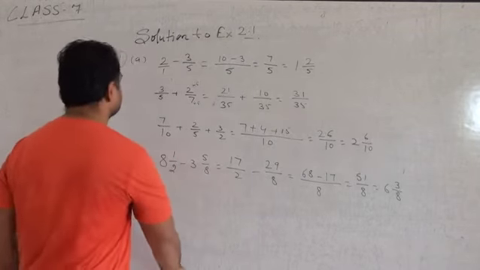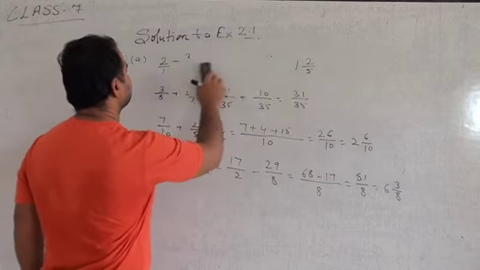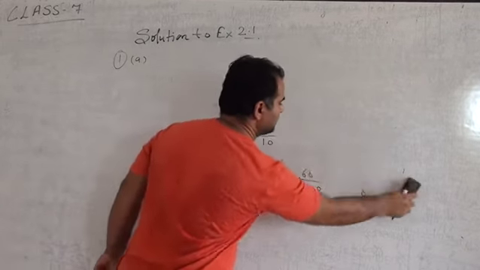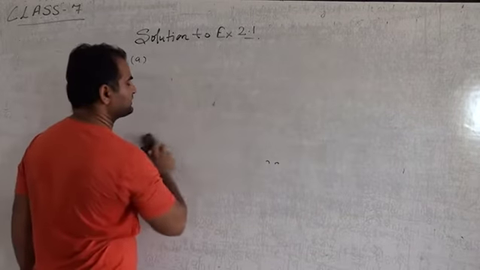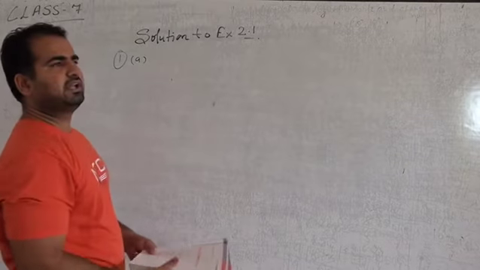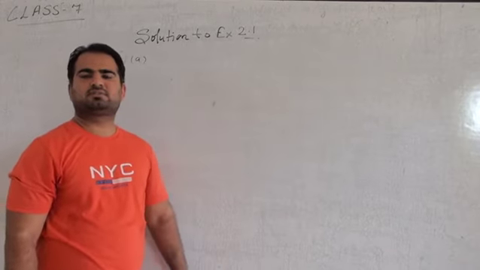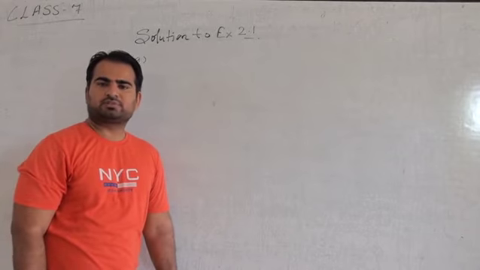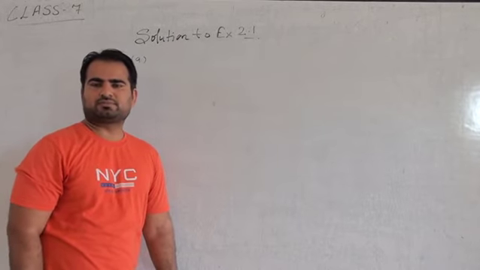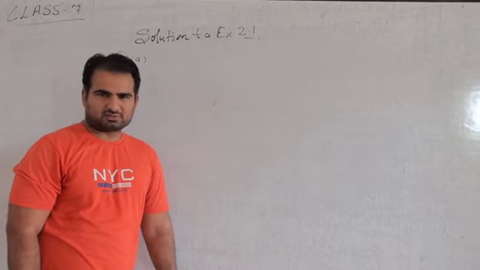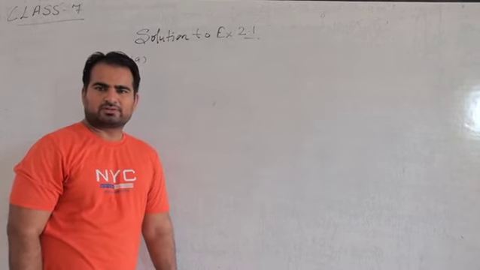Question number 2 is arrange the following in ascending order. Arrange the fractions in ascending order. First of all, we know that negative integers and negative fractions are smaller than positive fractions, and proper fractions are smaller than improper fractions.